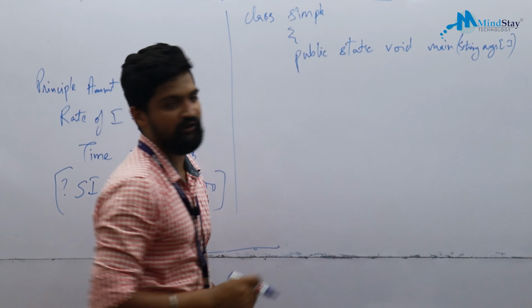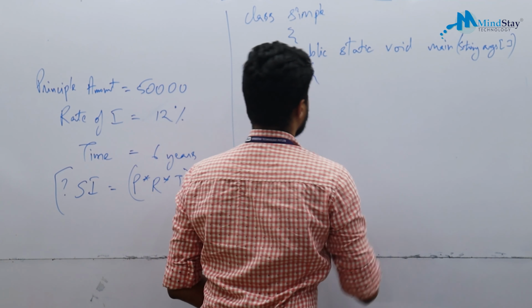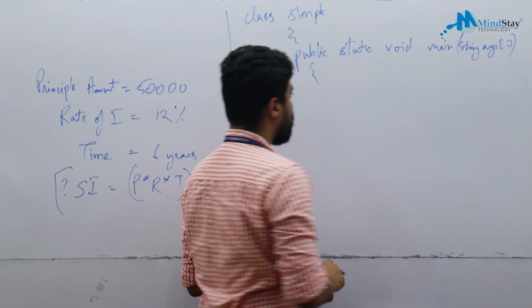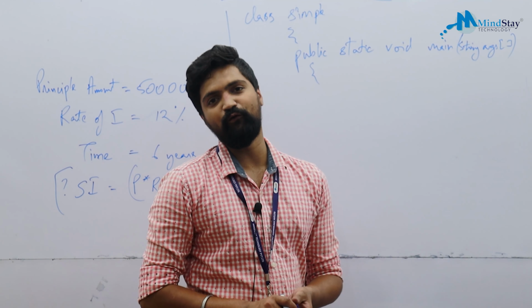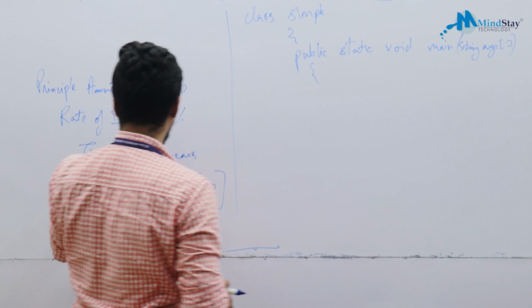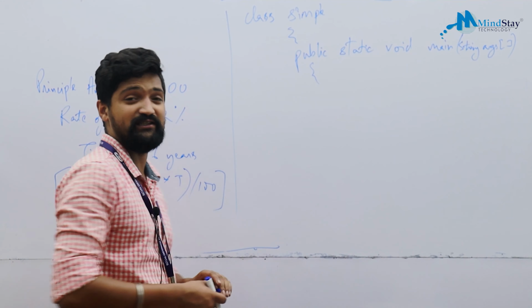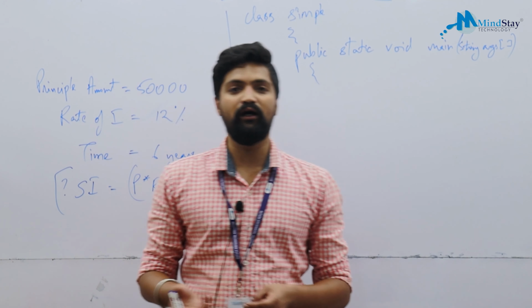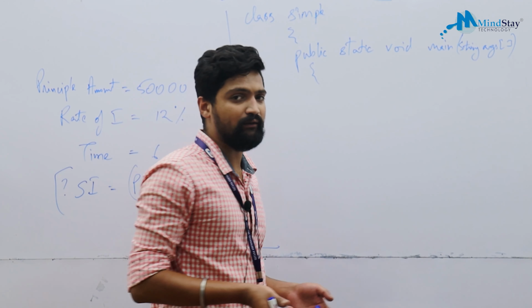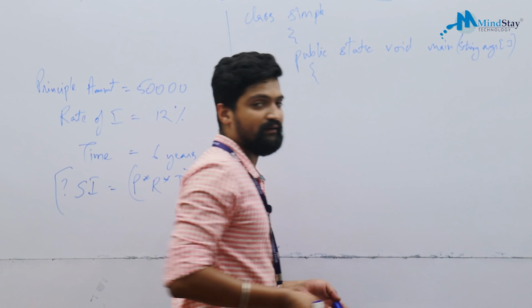Then we come to the next line. Now here I'll specify all in float, because anyhow we are using the percentage sign, so we may get our output in decimal. Not a necessity, but you may get it.